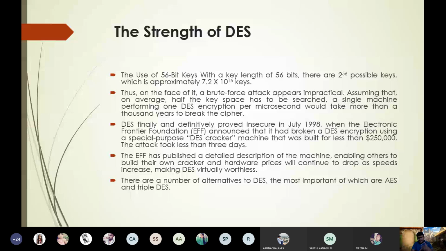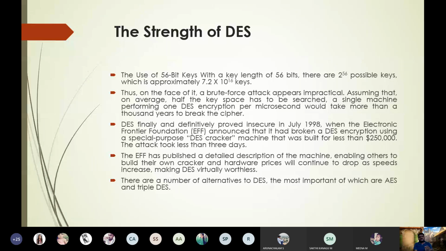The first thing is the main strength of DES is the size of the keys. Why? Because the size of the keys is 56 bits. That 56 bit key works for the conversion of plain text into ciphertext.